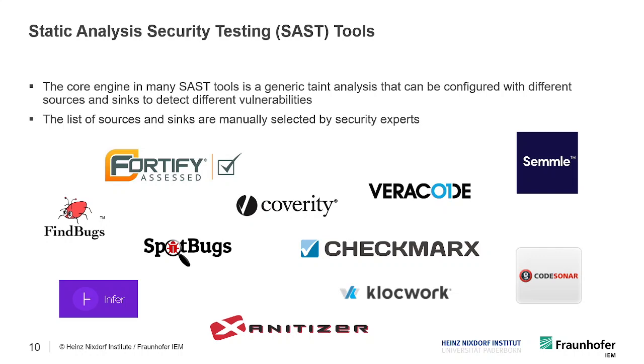The hard part about this is finding these sources and sinks manually. This is always done by security experts. As you see, you need domain knowledge in security in order to decide what the correct sources and sinks, or validators as well, are.